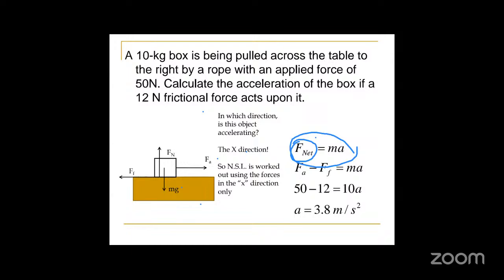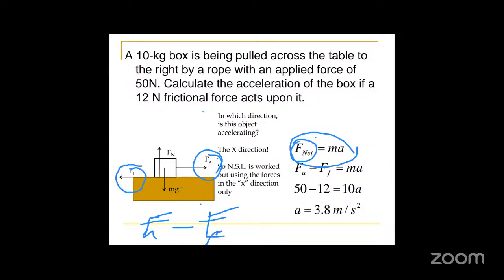Horizontally, we have two forces, the frictional force and the applied force. These two forces are against one another. They're in opposite directions. So the resultant force, or the F net, will be the applied force minus the frictional force. And you will ask, why not the frictional force minus the applied force?